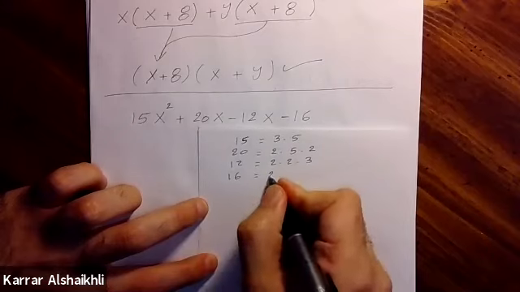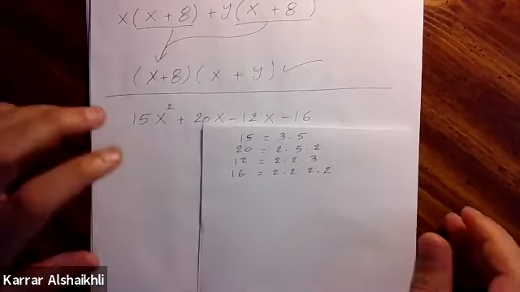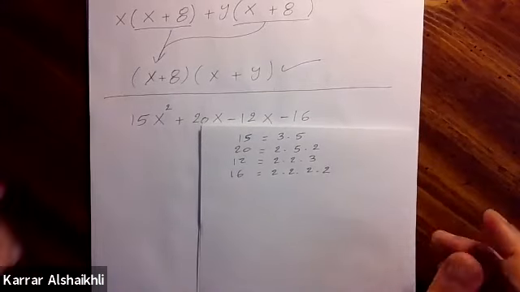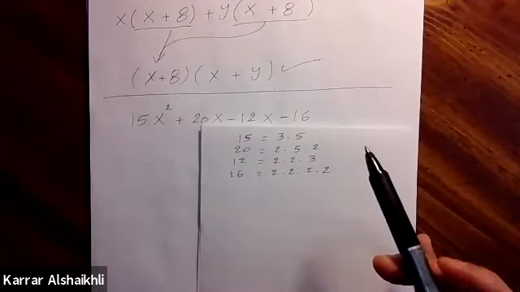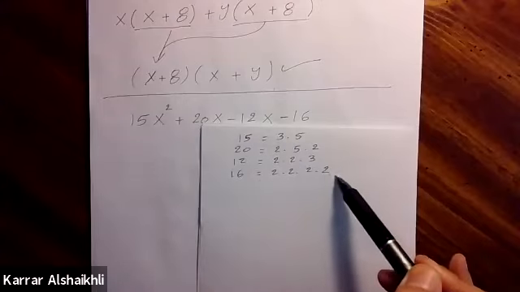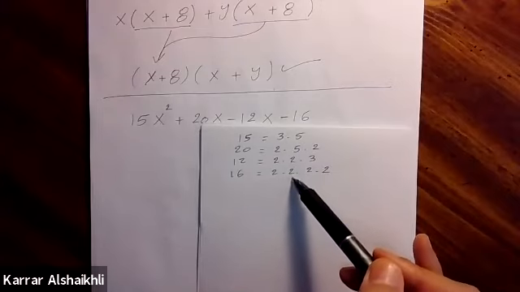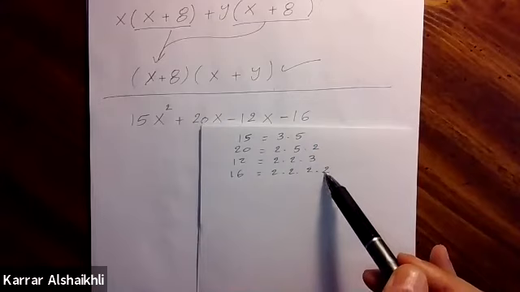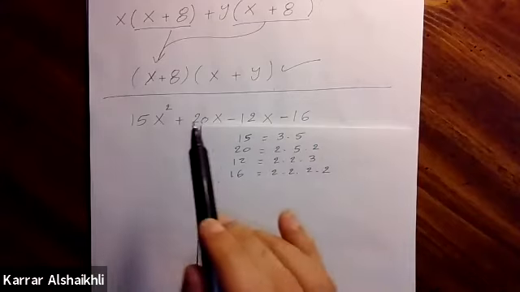The 16 is 2 times 2 times 2 times 2. Can you find a number that exists in all these numbers? 3 does not exist in the last one. 5 does not exist here and here. 2 does not exist in the first one. That means there is no common factor between the numbers.